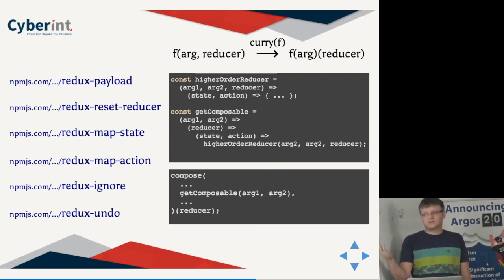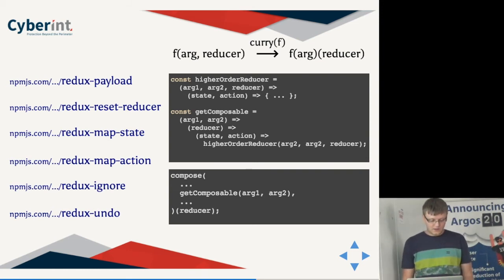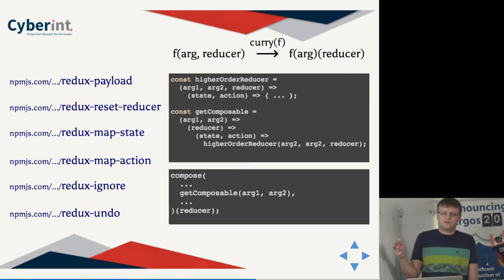Redux map action is the same, so it allows you to change the action in order to satisfy reducer needs. Redux ignore helps you just to not react on some certain actions at all.